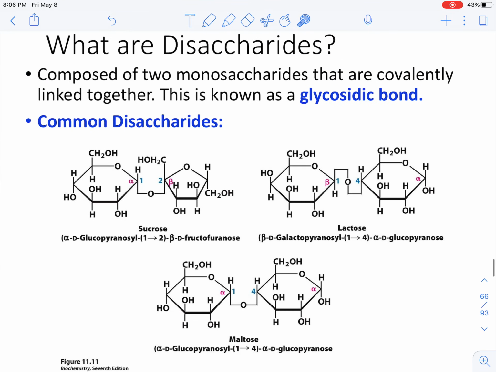And so in terms of the formation of the glycosidic bond, here we have the anomeric carbon for glucose.